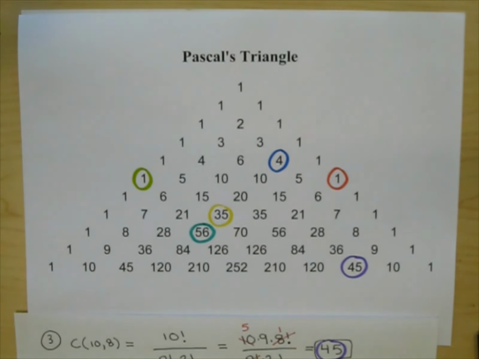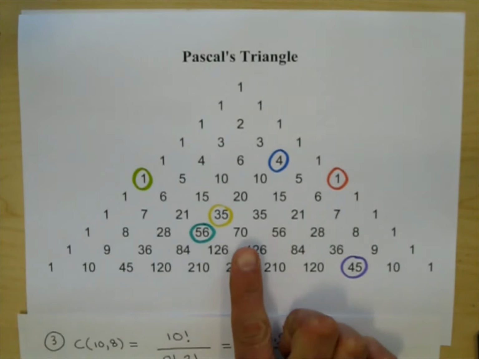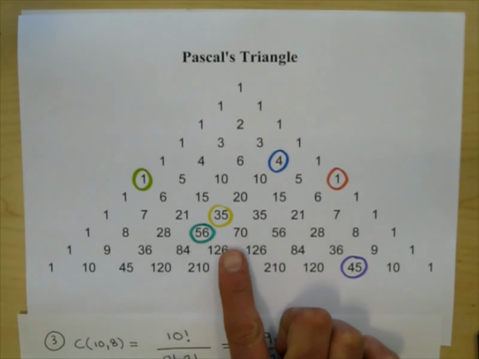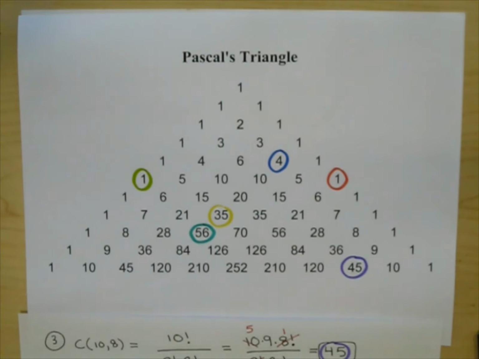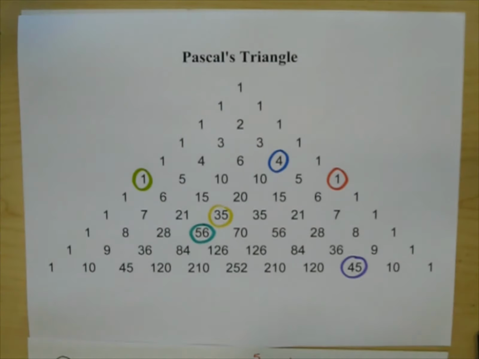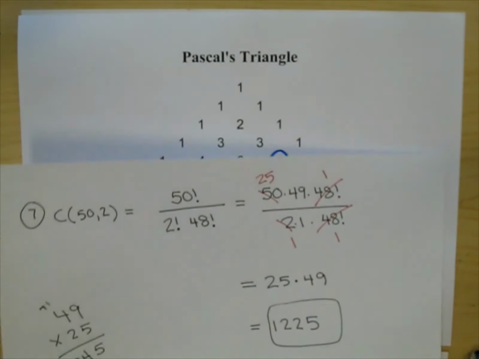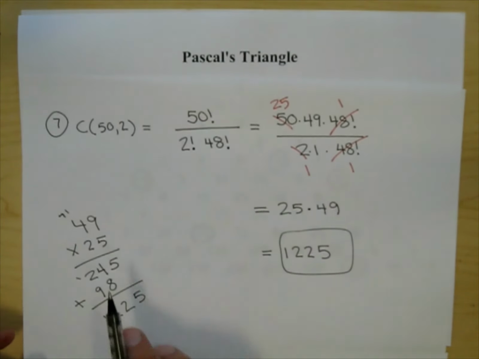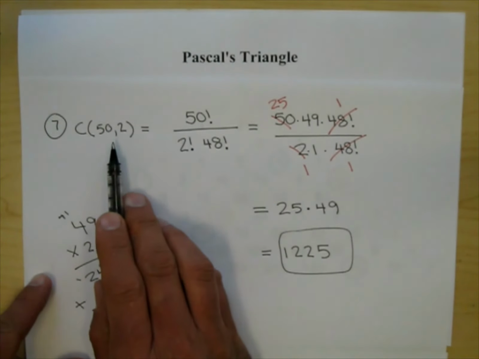So there's symmetry in Pascal's triangle. There's symmetry in combinations. You can use Pascal's triangle to do lots of combinations. The only problem, and the reason I showed you the formula, was because of a problem like this. 50 choose 2.